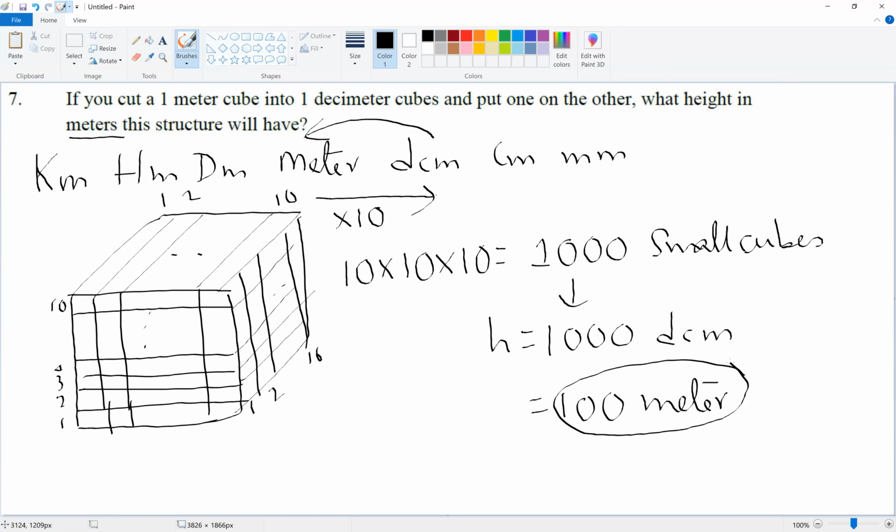If I slice it horizontally, will you not get 10 pieces, which is 1 meter by 1 meter by 1 decimeter? Is that a 1 decimeter cube? No, your piece will look like this. Do you think it's a 1 decimeter cube? No. Then what do you have to do? Don't you have to cut in the other direction as well? Yeah.